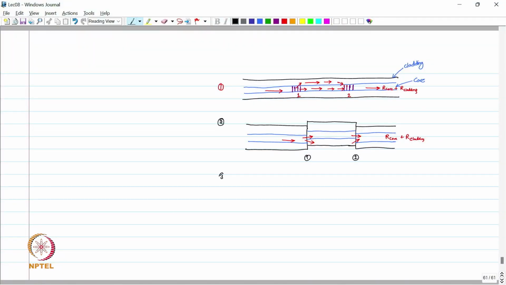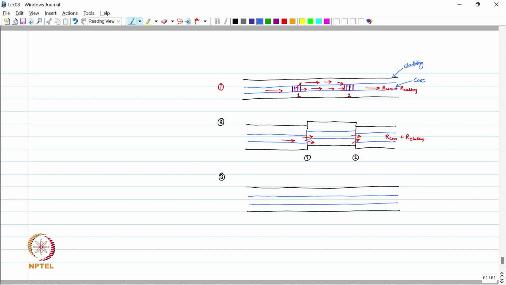We can have multiple types of cases. For example, in case number 3, we use certain grating. We can make certain grating inside these optical fibers. So here we change the material of this optical fiber here and here.